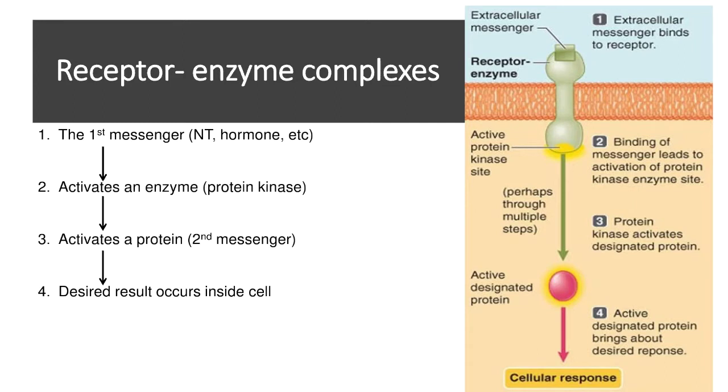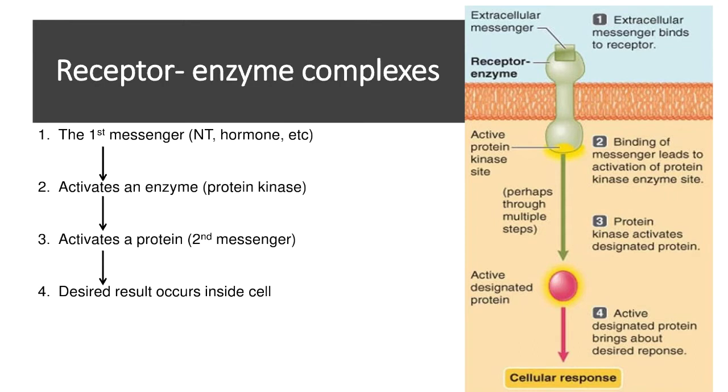Right? This activated protein, you can see the red one there in the picture, becomes the second messenger. And it's the second messenger now that is causing a series of events, of chemical reactions, that's bringing about the desired response inside of the cell.